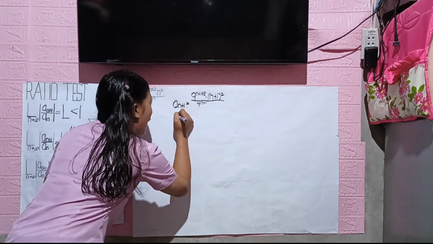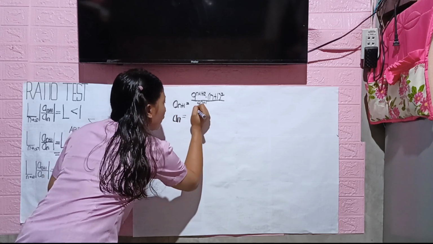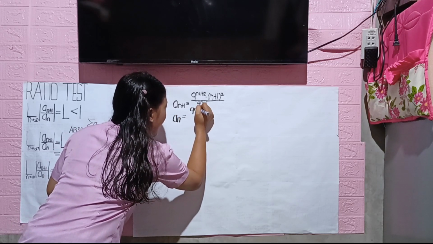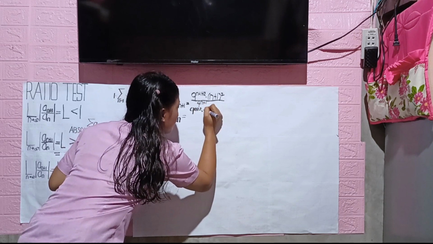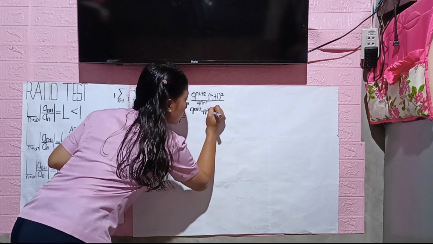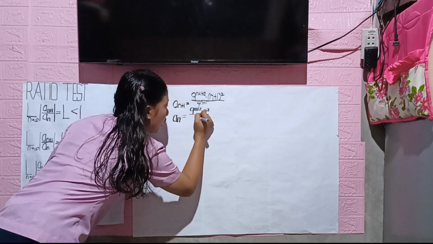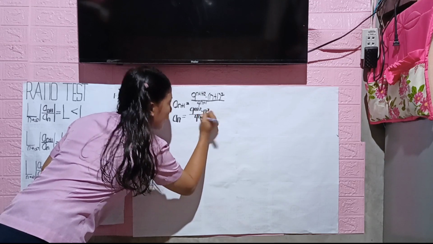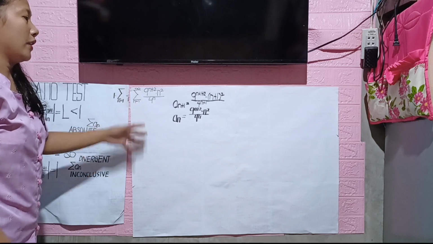So a sub n is equal to 9 to the n plus 2 times n squared divided by 4 to the n. So our a sub n here will be the original.